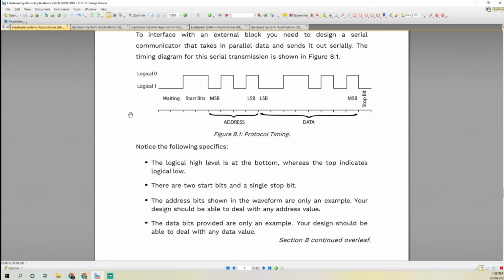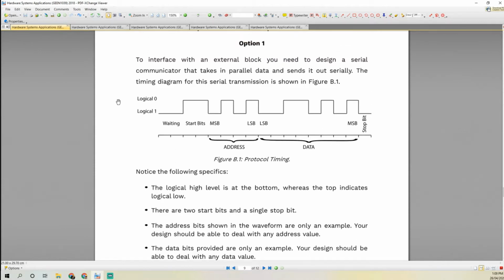So this diagram actually tells us the output of the system to the communication link that is going to be received on the receiving end of the system, or the serial communicator. Okay, so what it tells us here is that we are designing a serial communicator that takes in parallel data and sends it out serially.